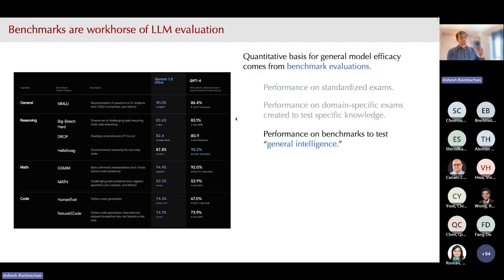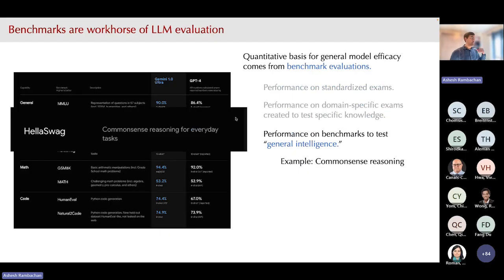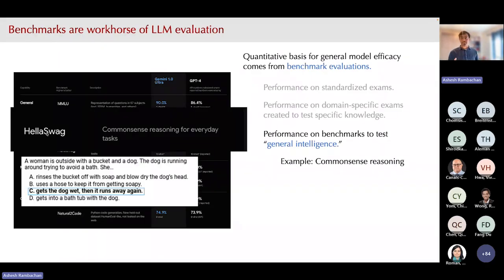As an example, one popular benchmark in computer science is called HellaSwag. Folks in ML are very good at naming things. It includes questions to test how well models perform on common sense reasoning tasks such as this. HellaSwag is just a collection of questions, and one question asks: a woman is outside with a bucket and a dog. The dog is running around to try to avoid a bath. Then you prompt the large language model to ask what would happen next.